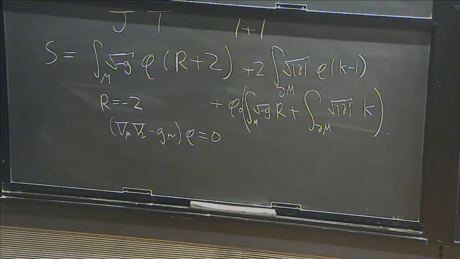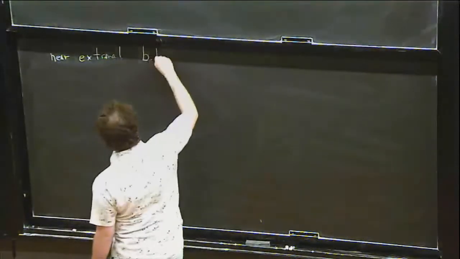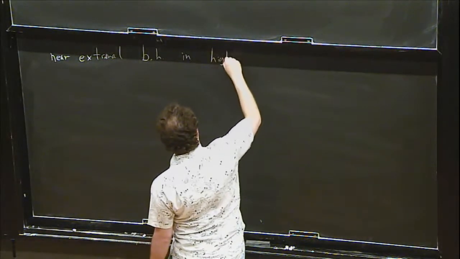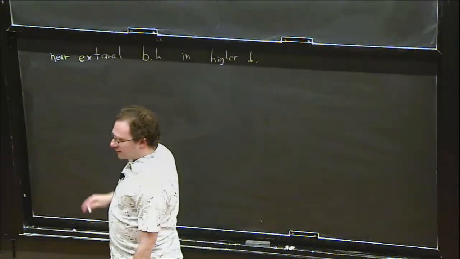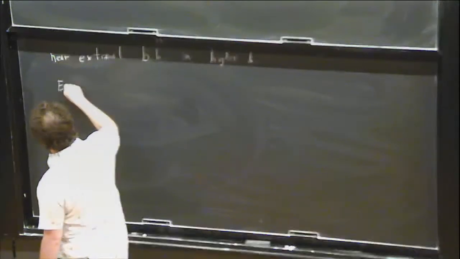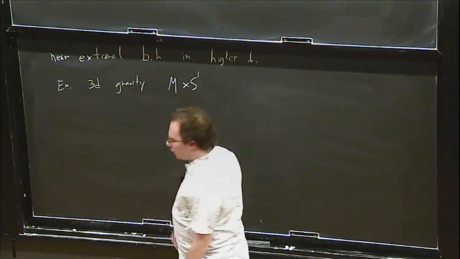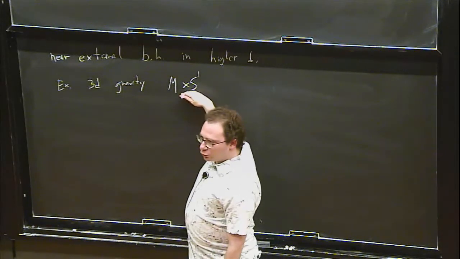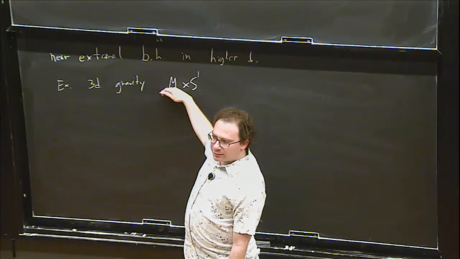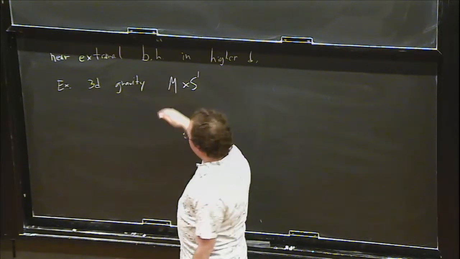One way to motivate this action is if I started in higher dimensions and I looked at a near extremal black hole. So, for example, if I had 3D gravity in a space that looked like that manifold times a circle, then you can think of the radius of this circle as some function of this manifold, some warped product.